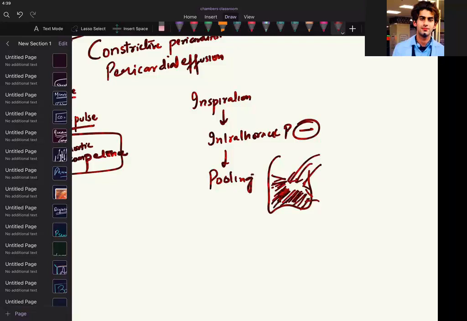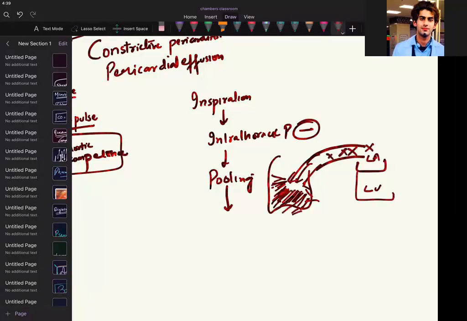Pooling in the vascular bed, what will happen? This is the left atrium and left ventricle. Will the left atrium get any blood from the lungs? No, sir. The left atrium will not be getting the blood because it is getting pooled.